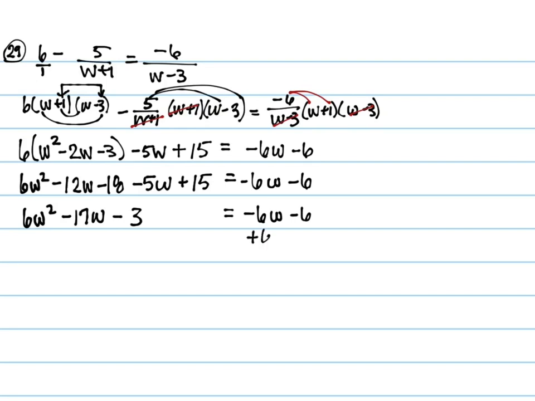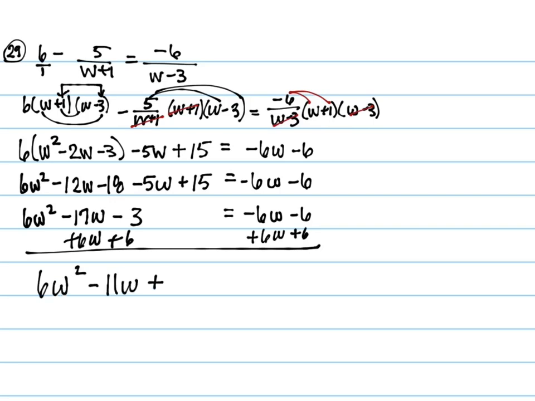We'll move them to the same side. So plus 6w and plus 6. So I have 6w squared minus 11w plus 3 equals 0.